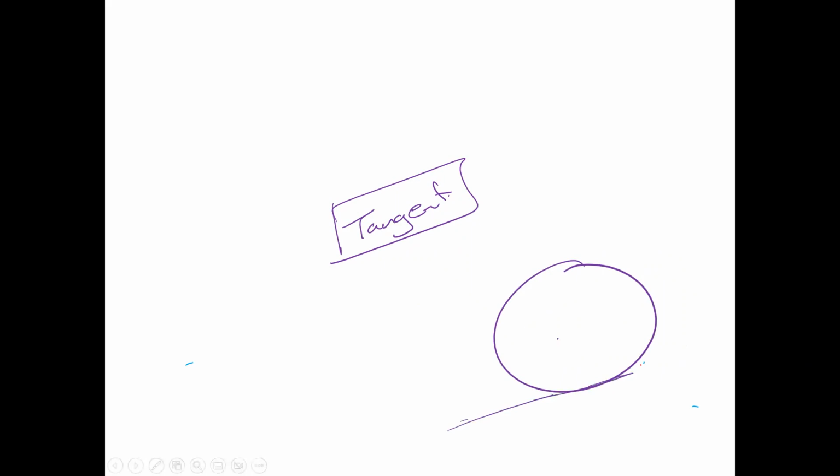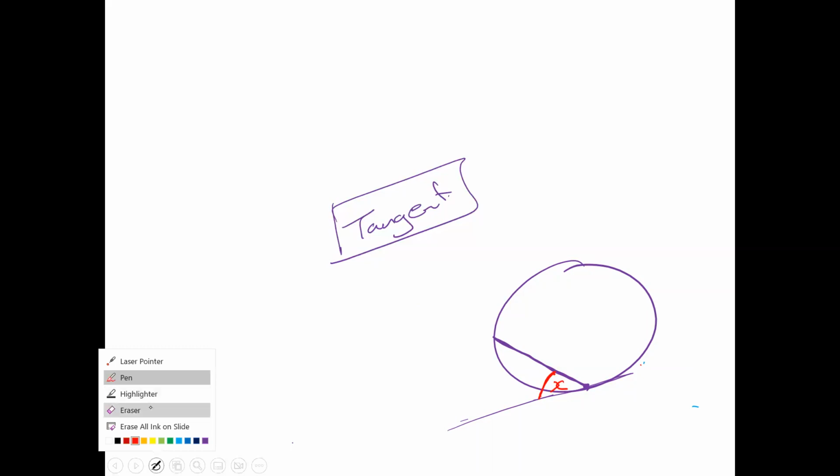Here's our tangent. Can you see that? It says the angle between a tangent and a chord, so we need to construct a chord. The angle between the tangent and a chord will be equal to the angle in the alternate segment, subtended by the same chord.